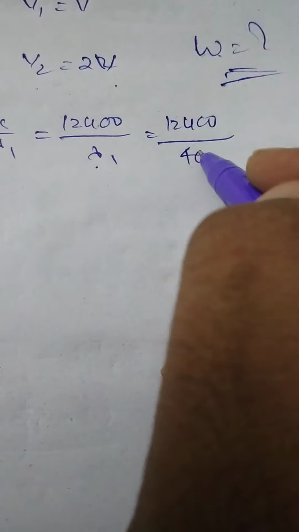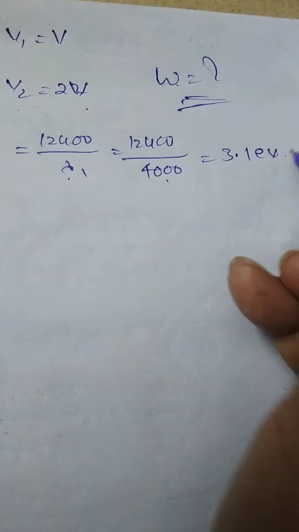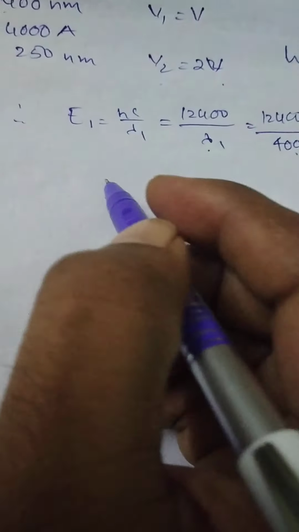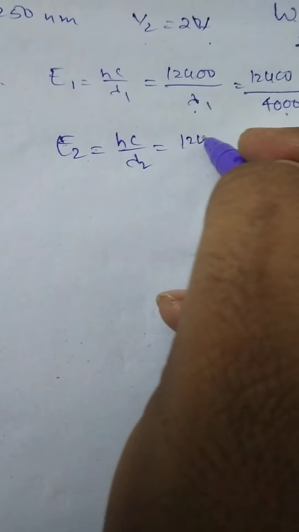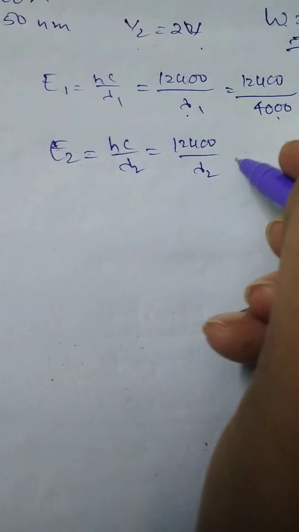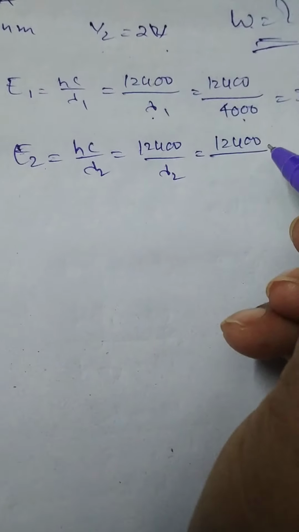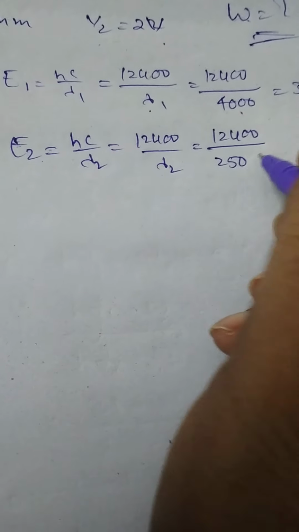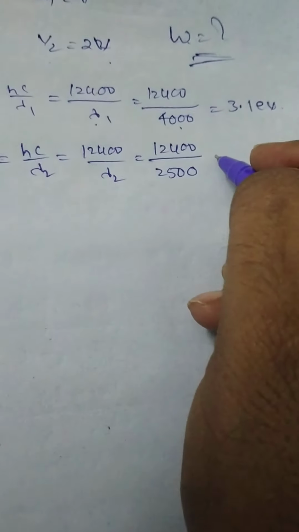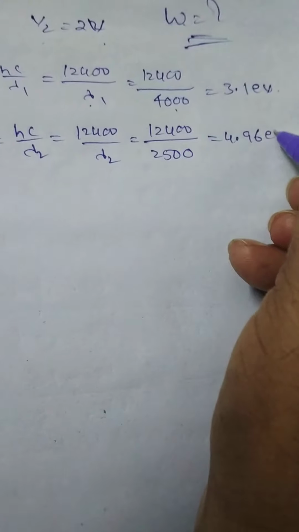So this is 4000. It is 3.1 electron volt. Next again, energy of the incident second photon, this is hc by lambda 2, 12,400 by lambda 2, that is equal to 250 nanometers or 2500 angstrom units. It is 4.96 electron volts.